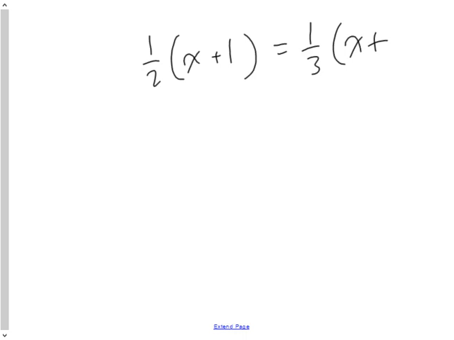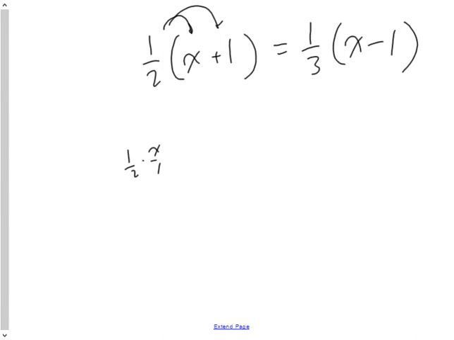The next question, B, is a half multiplied by x plus 1 equals a third multiplied by x minus 1. There are other ways to do it here. I could multiply both sides by 6 right now, but I found it's easier to keep it simple with one set of rules. Expand.